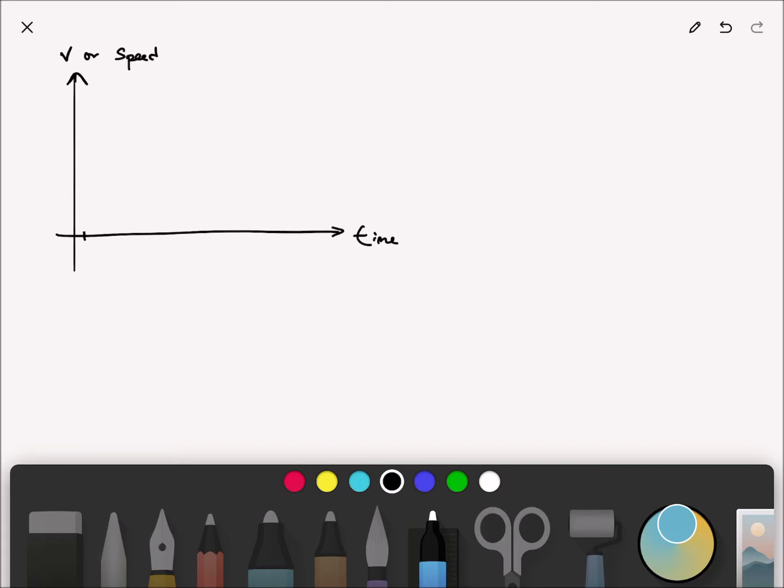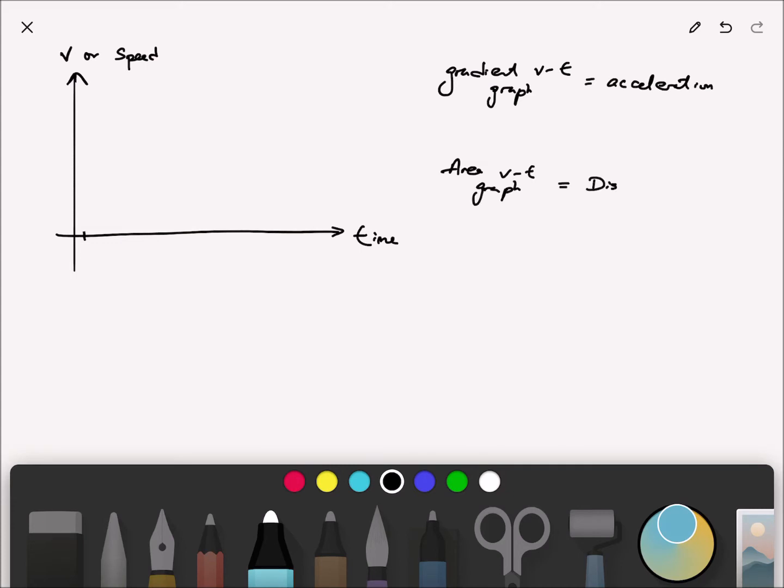For a velocity or speed time graph, what you need to remember are two things. Number one is that the gradient of this VT graph, we call it the speed time graph, will show you the acceleration of the object. And if you look at the area under the VT graph, it will show you the distance or the displacement that an object has traveled.